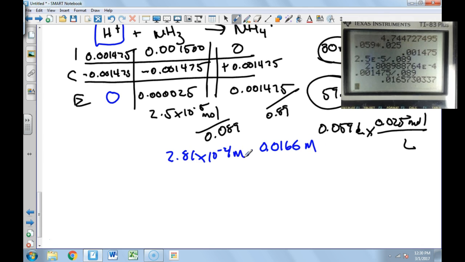These are both molar. So now we're ready to do our equilibrium step. Oh, whew, this is long. Not 50 minutes long, but definitely long.